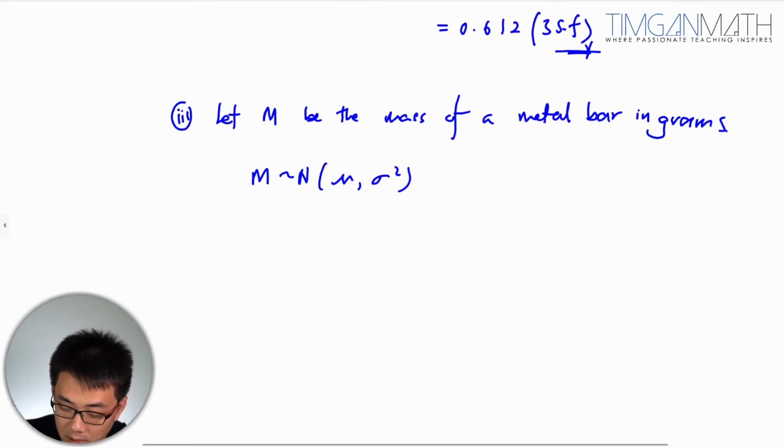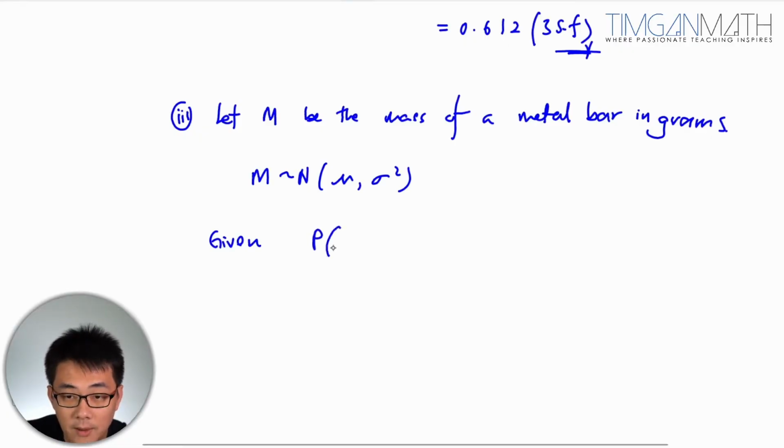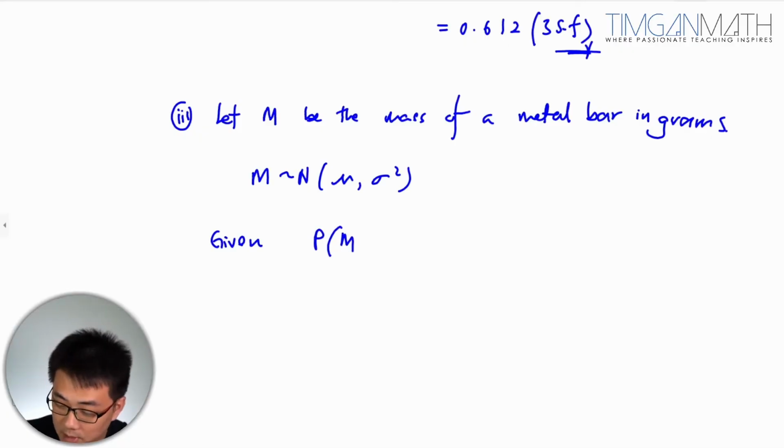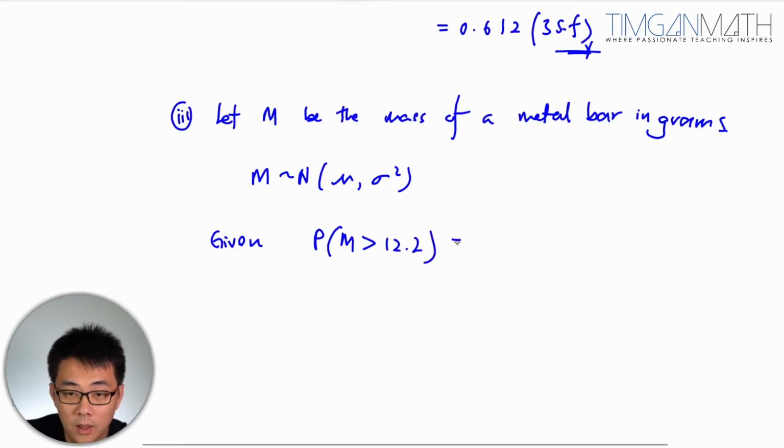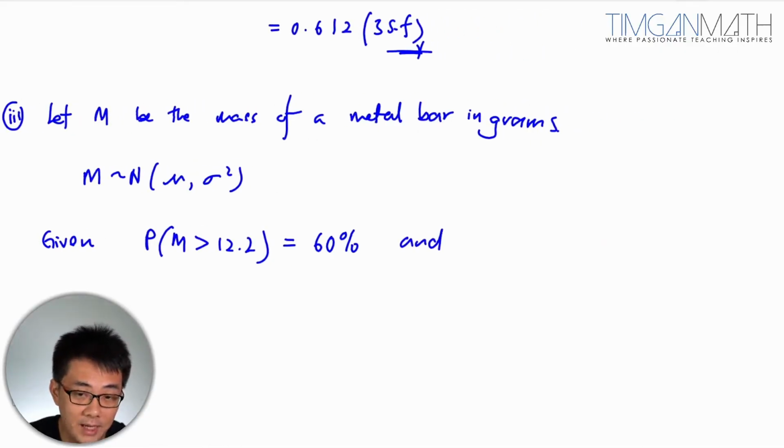We're told that 60% of them have mass greater than 12.2 grams, so P(M > 12.2) is 60%. The other given is that 25% of them have a mass less than 12 grams.